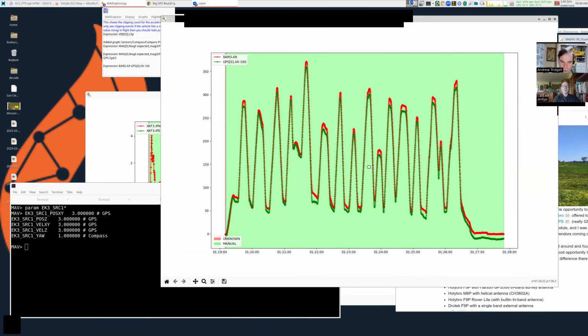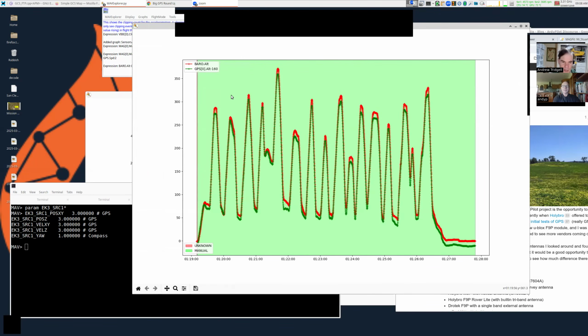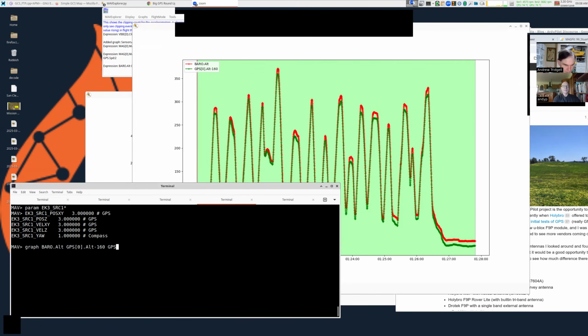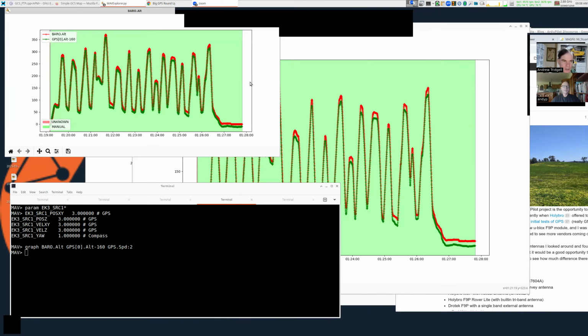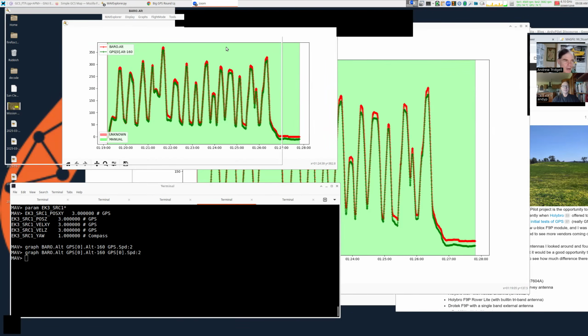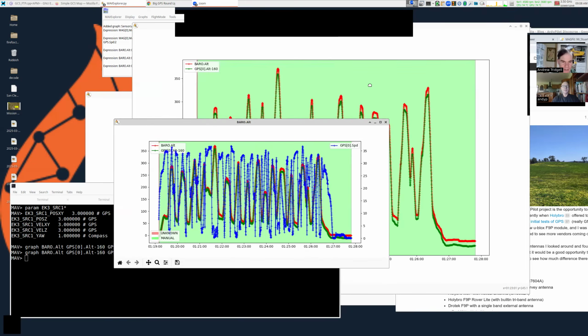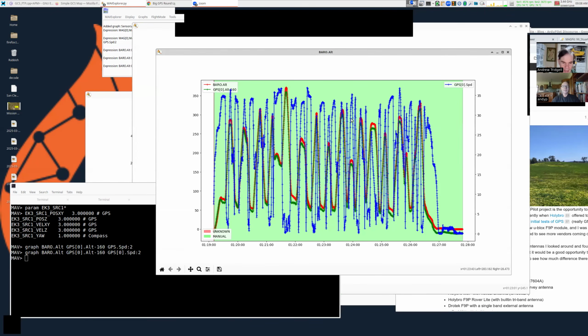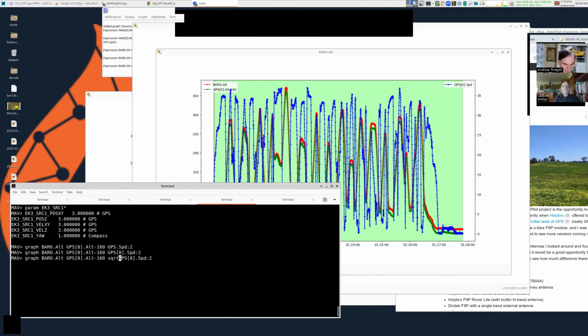Okay, so let's have a look at the barometric altitude versus the GPS altitude. If we throw into this graph GPS 0 speed, one of the effects you can get is... in fact, I'd want the total speed, which is the square root of GPS 0 horizontal speed squared plus GPS 0 vertical speed squared.